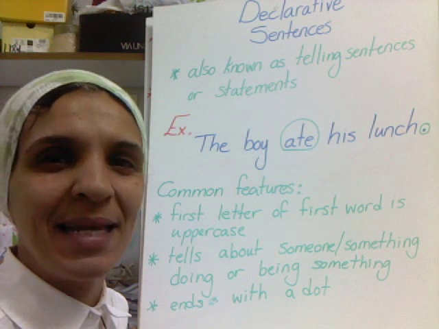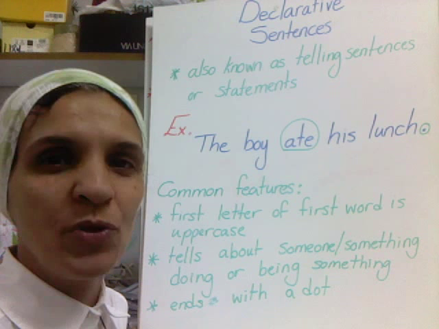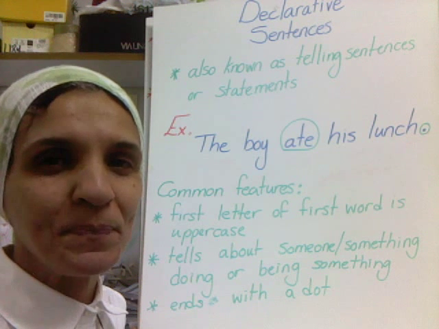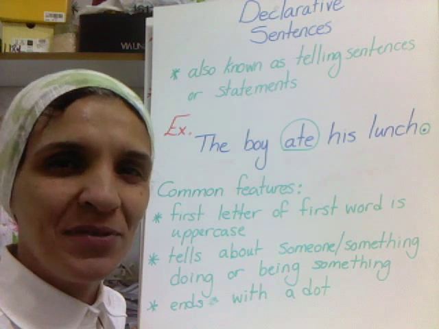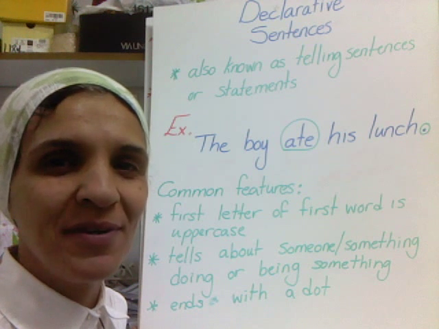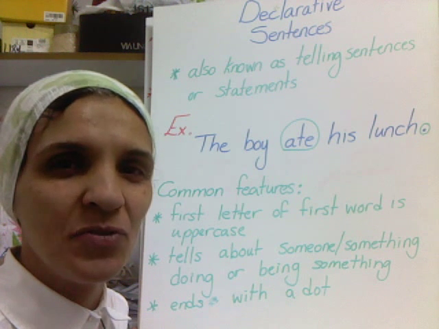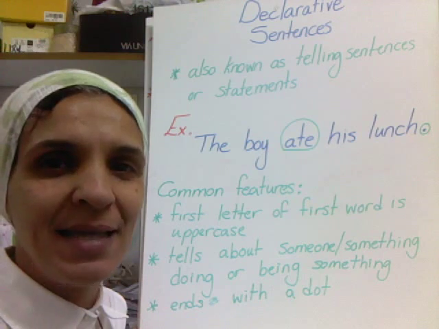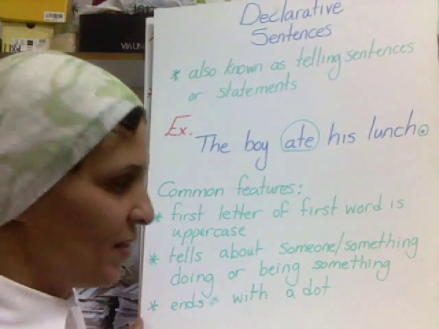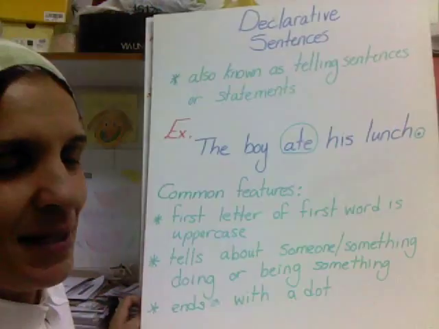In this case, it's telling about the boy and what this boy is doing. He ate his lunch. And one more important feature that will help you identify a declarative sentence, if it's written in your book, is that it always ends with a dot. If there's no dot, it means it's another kind of sentence.